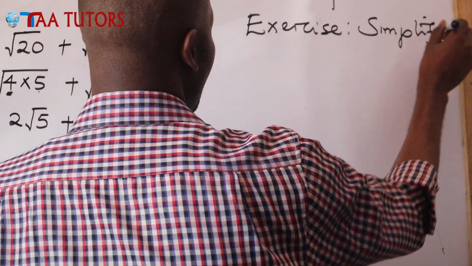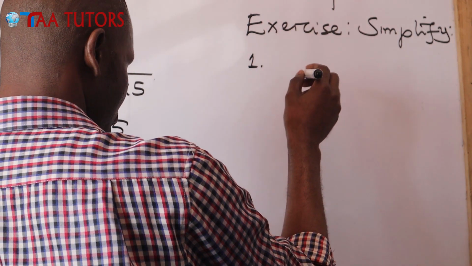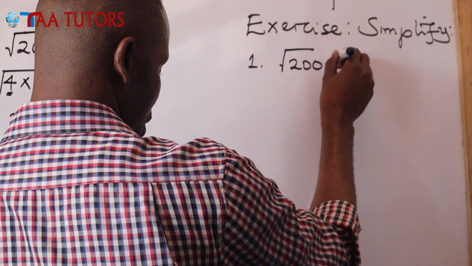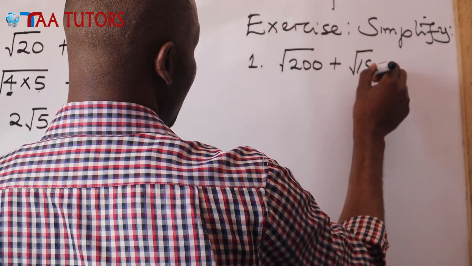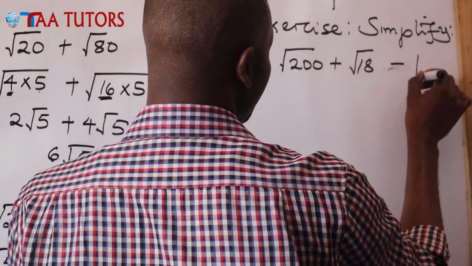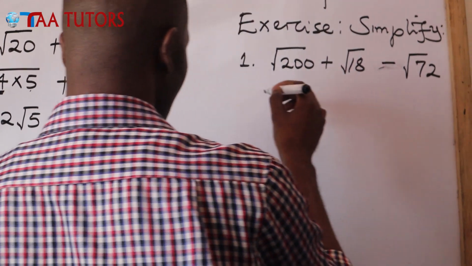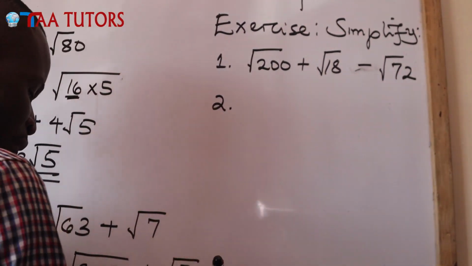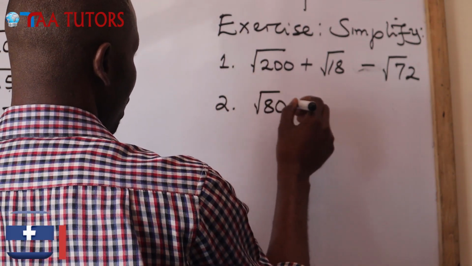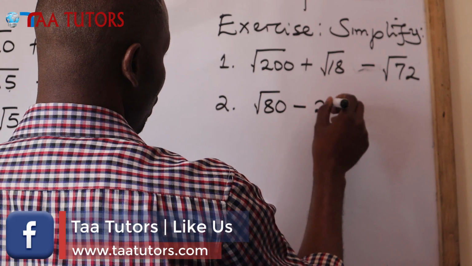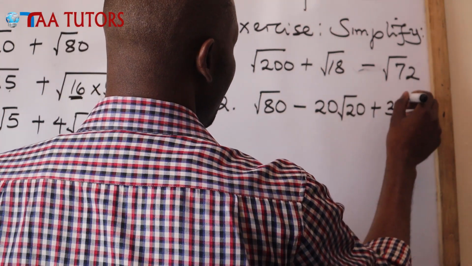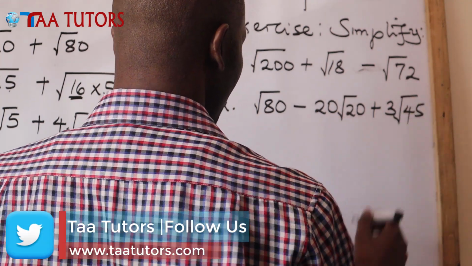Simplify. And the exercise here, number 1, is surd 200 plus surd 18 minus surd 72. Number 2 is surd 80 minus 2 surd 20 plus 3 surd 45.